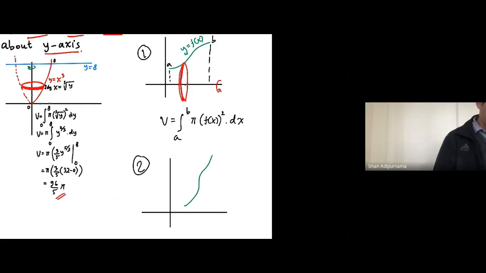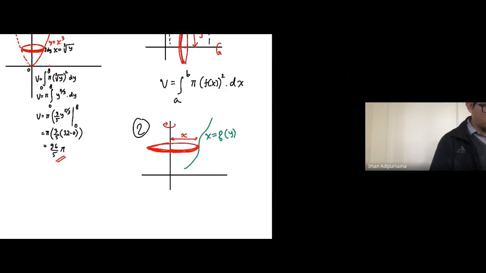The second case, you have maybe like that and rotate here. So this is your disk, this is y, this is x. So this is x equal, let's say, g of y.